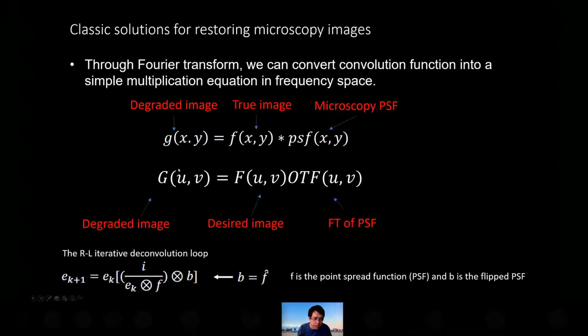So in this case, we get the degraded image G equal to a simple multiplication between the desired image and the Fourier transform of the point spread function. Through the simple Richardson-Lucy iterative deconvolution loop, we can effectively remove the noise from the degraded image.